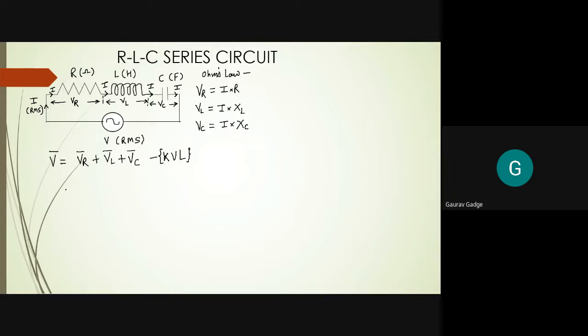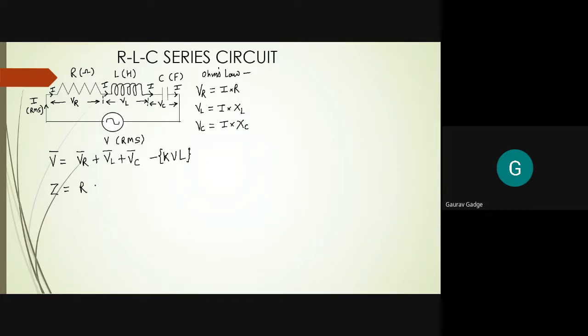Now if I need to find the impedance of this circuit, these voltages can again be plotted in a phasor diagram, as we did for RL series and RC series. The same way we can do it for this RLC series circuit. Going with the same model, we get the ultimate equation, and the final equation is important for us, so let us write it down.